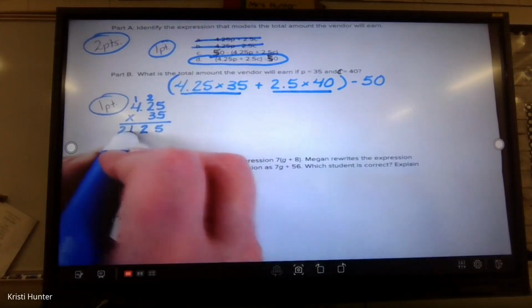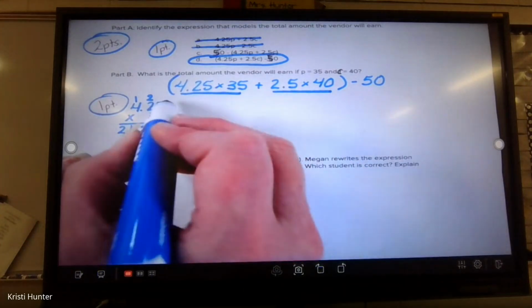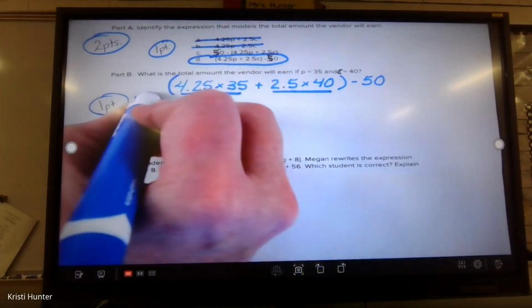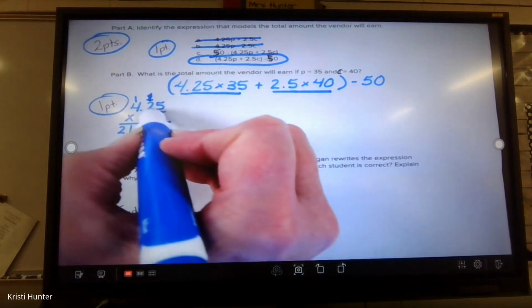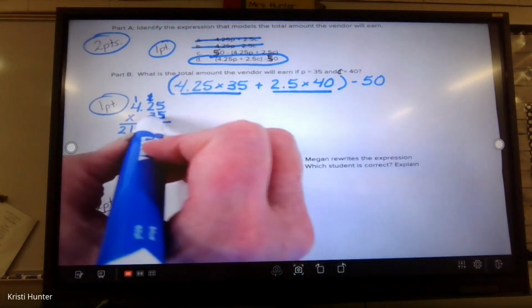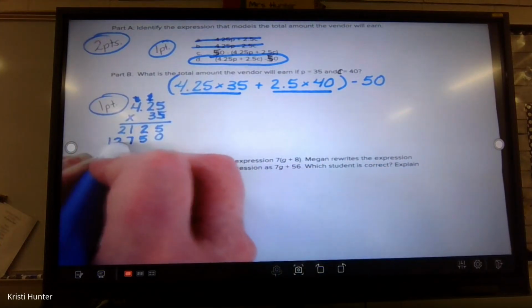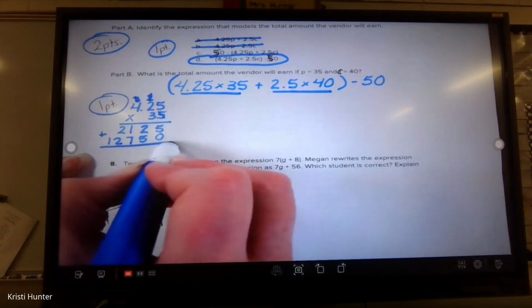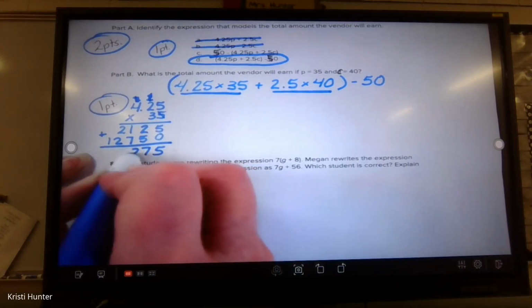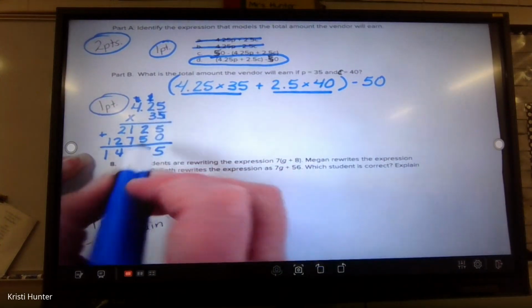Plus 1 is 21. 5 is done. I'll hold its place. 5 times 3 is 15. Carry that 1. 3 times 2 is 6. Plus 1 makes 7. 3 times 4 is 12. So I'm left to add that up. And looks like I just need 2 decimal spots.